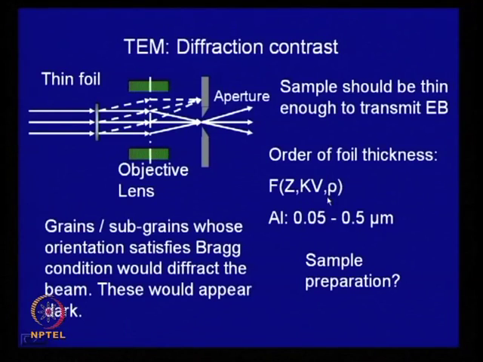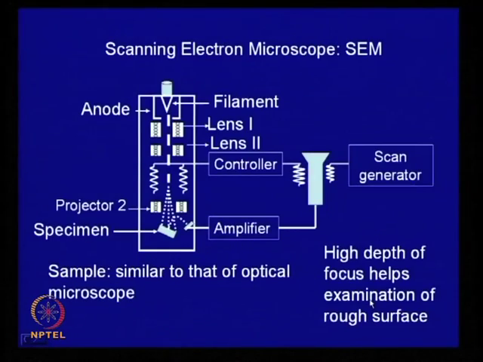Similarly, the density of the metal of which the foil is made is also an important factor. And if you are looking at the microstructure of aluminum, say something like 0.05 to 0.5 micron, you may be able to examine it, but it has to be much thinner than this. And sample preparation, of course, as I mentioned, needs a lot of skill and practice.